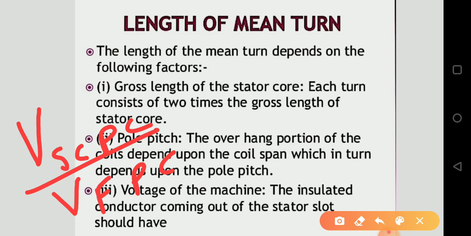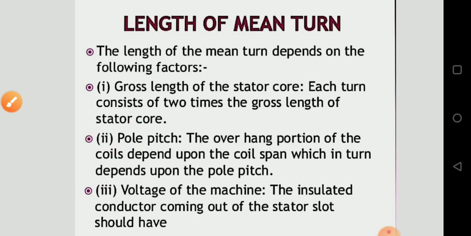So when we calculate the ratio between the voltage generated in the short pitch coil upon the voltage generated in the full pitch coil, we can calculate the coil span, and it also depends on the pole pitch. So we can say the mean length depends upon the pole pitch.